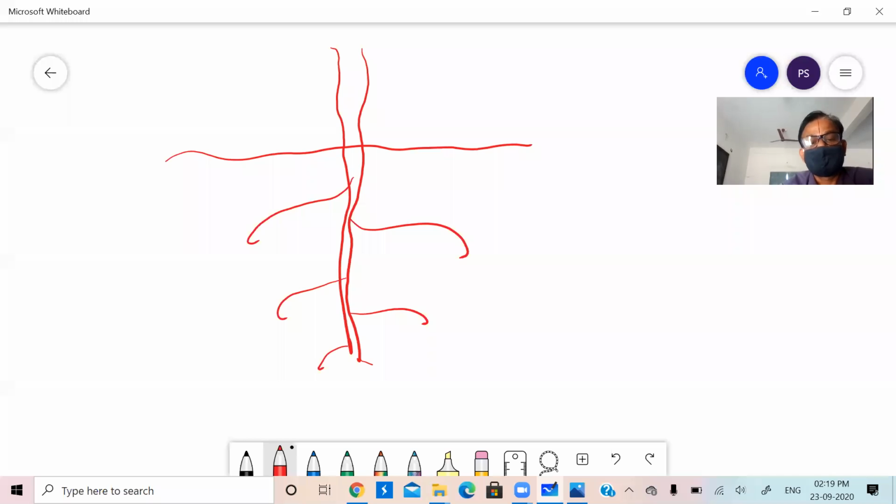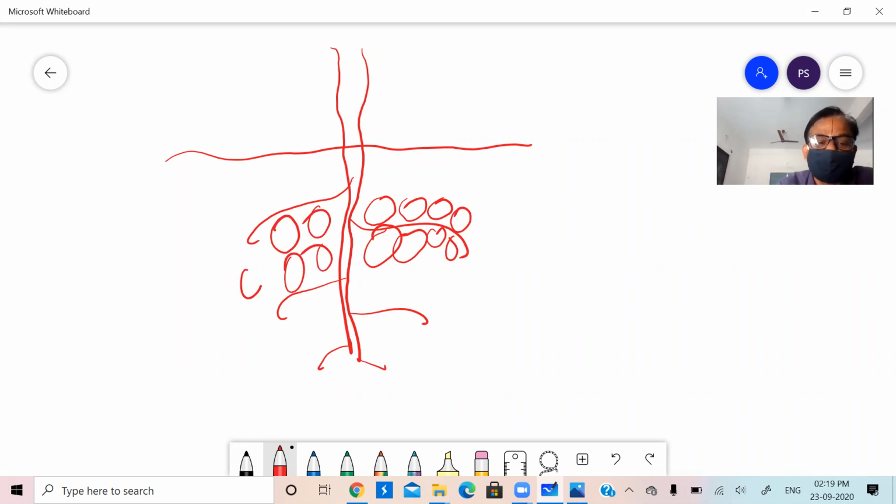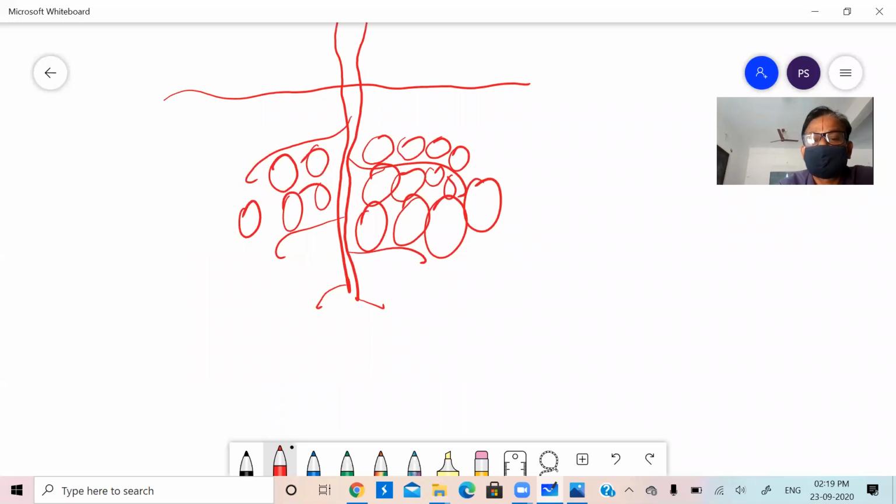You may think how the roots will get oxygen. These roots penetrate in between the soil particles. There are empty spaces between the soil particles.